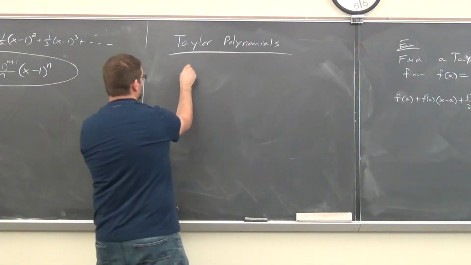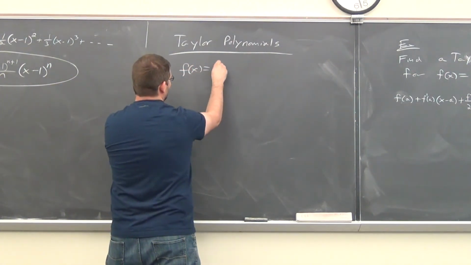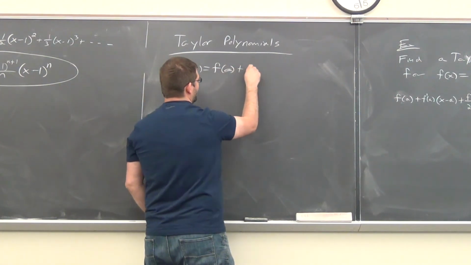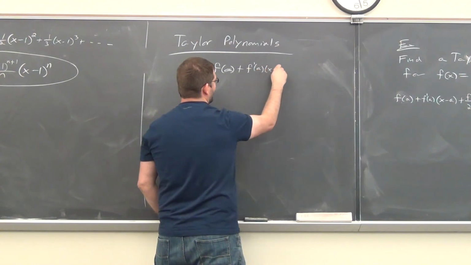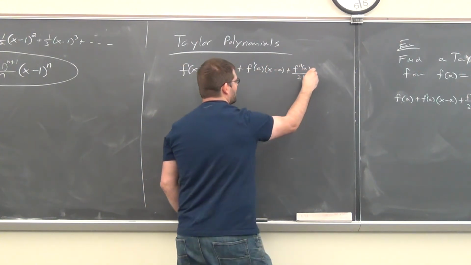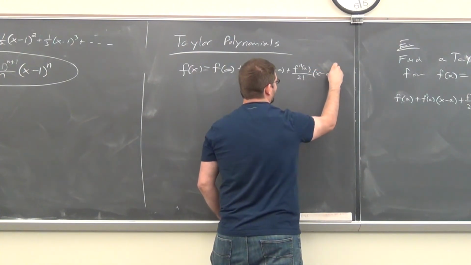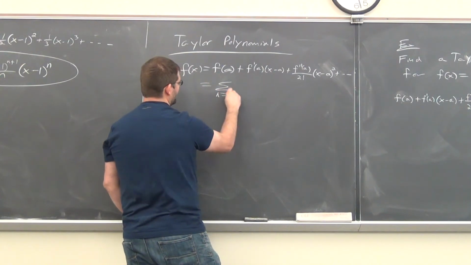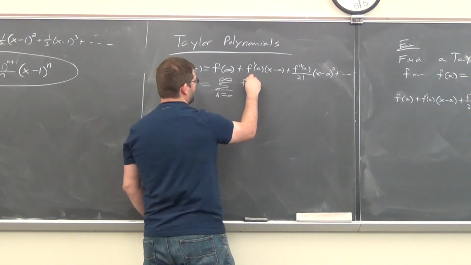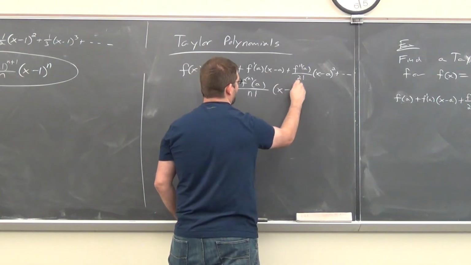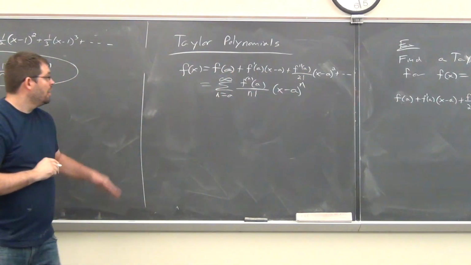So your f of x, its series, I'll just write it like this, is f of a, f prime of a times x minus a, second derivative at a over 2 factorial, x minus a squared, and so on. And again, the formula is just the nth derivative at a over n factorial, x minus a to the n.